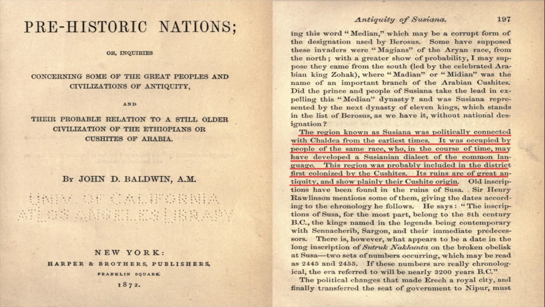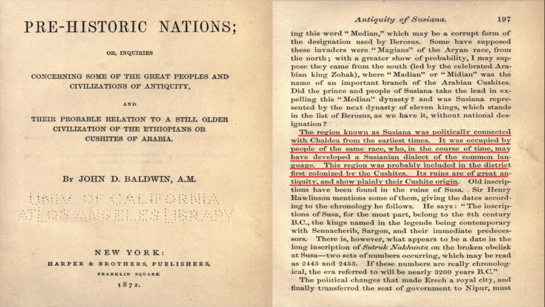So this book is Prehistoric Nations by John D. Baldwin. He says, "The region known as Susiana was politically connected with Chaldea from the earliest times. It was occupied by people of the same race, who in the course of time may have developed a Susianian dialect of the common language.